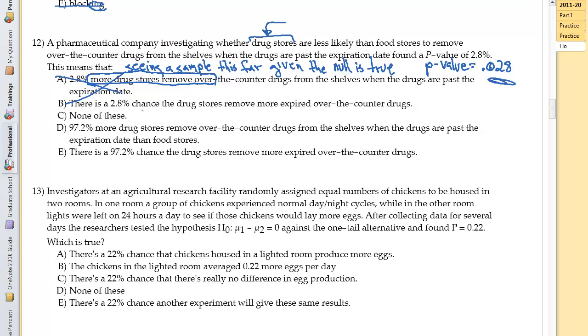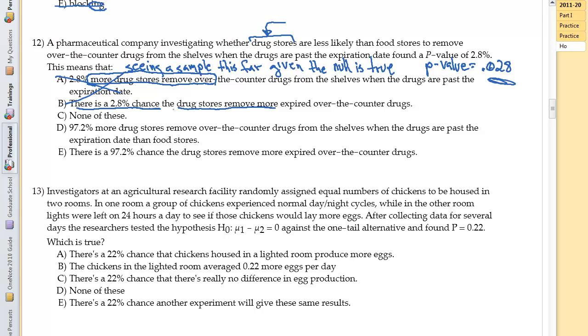There's a 2.8% chance the drugstores remove more expired over-the-counter products. Yeah, so this one's a little tricky. There is a 2.8% chance, and we are talking about drugstores removing their expired over-the-counter products, but there's some verbiage that's missing here. It's not actually that there's a 2.8% chance that the drugstores remove more.